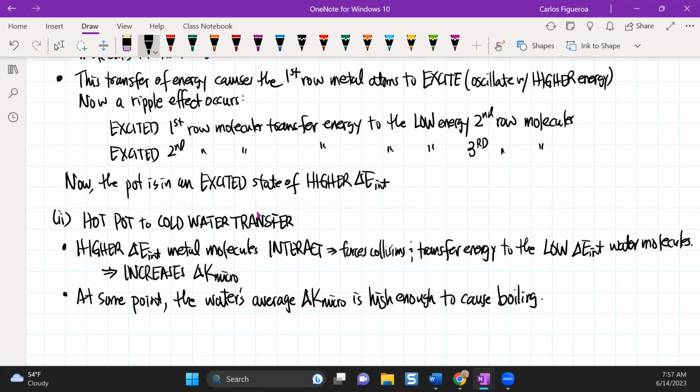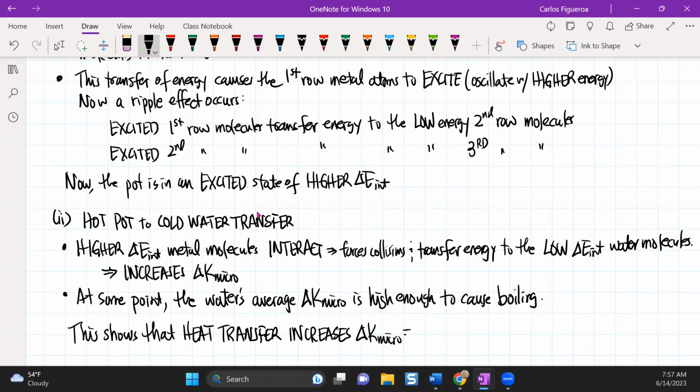Therefore, heat transfer increases microkinetic energy. So now this shows that heat transfer increases microkinetic energy, which is also the change in the internal energy.